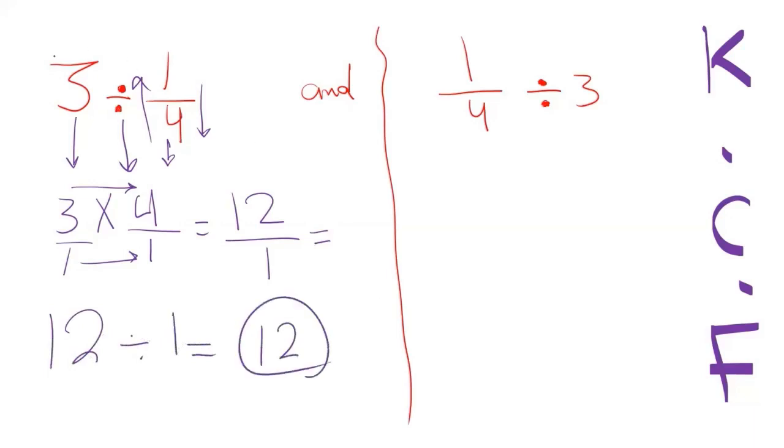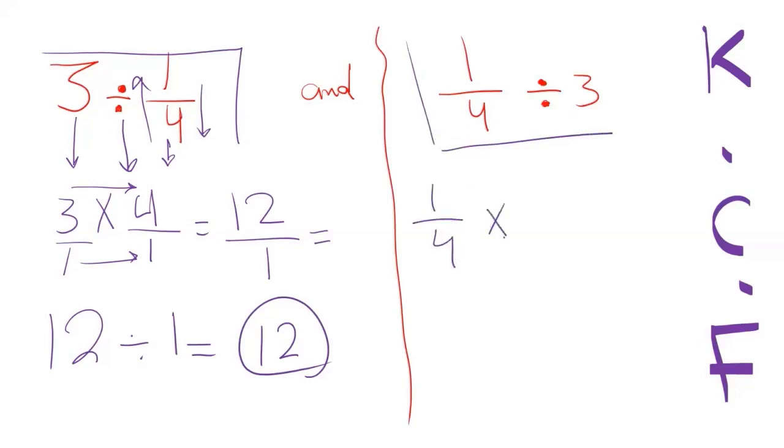Why did we say this one is completely different from this one? You will see now. Apply the KCF: keep the first as it is, change the sign to multiplication, and here is an invisible 1, not written, flip the fraction to 1 over 3.